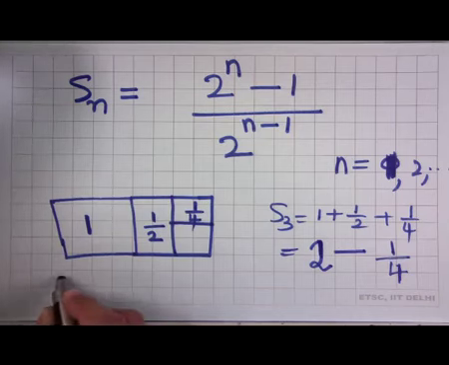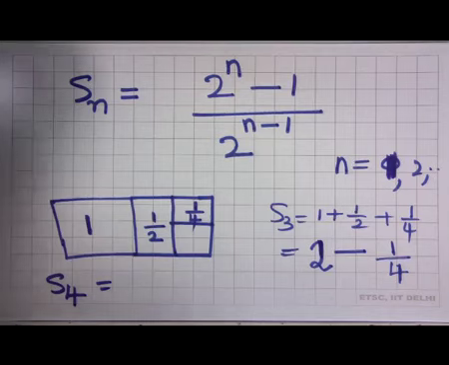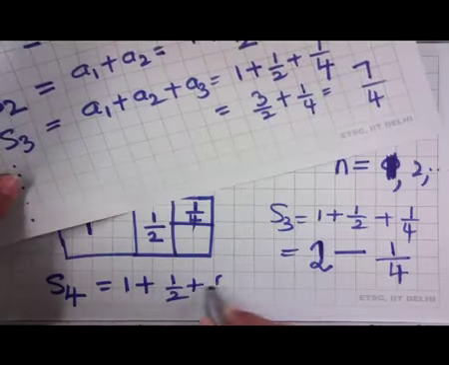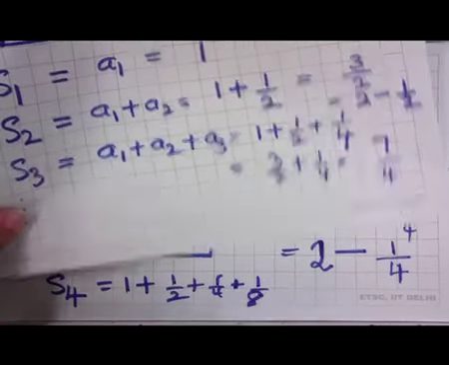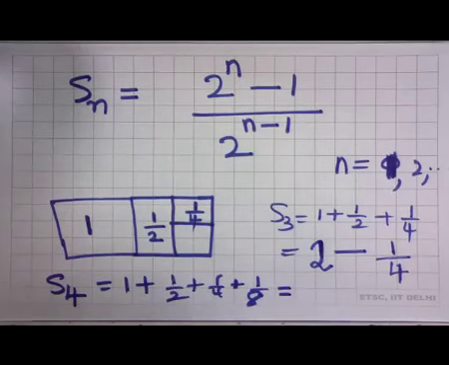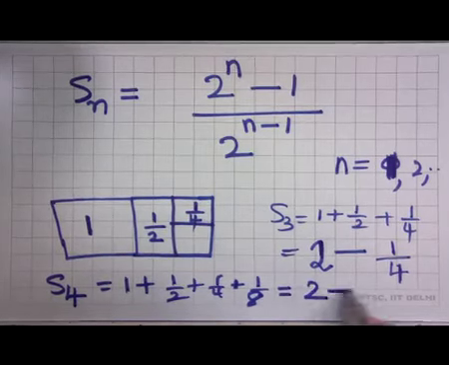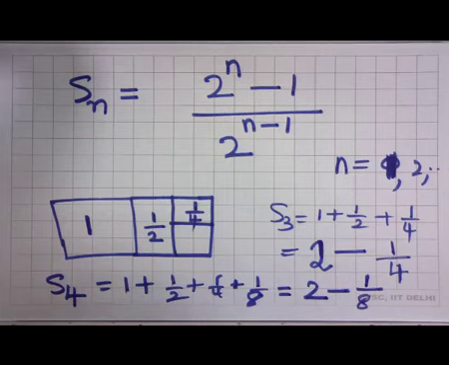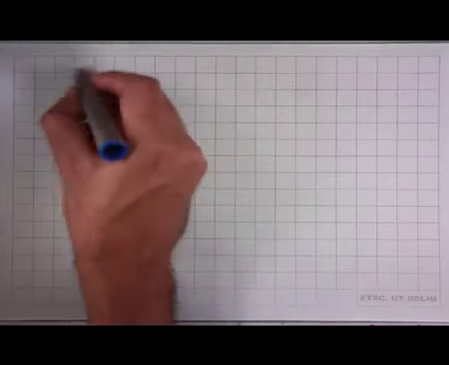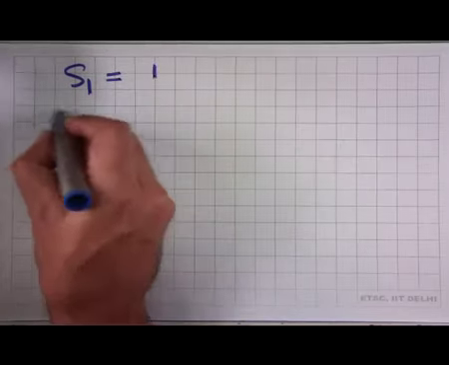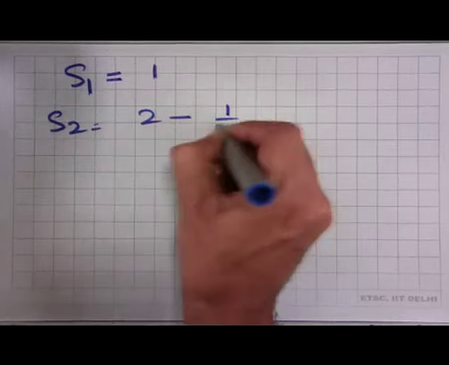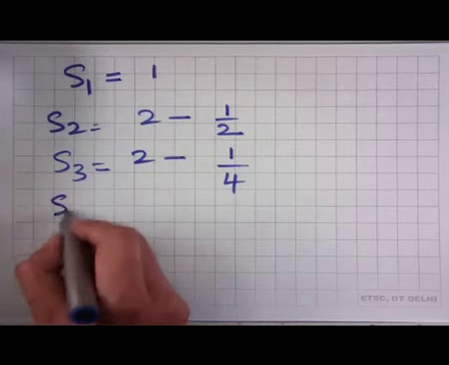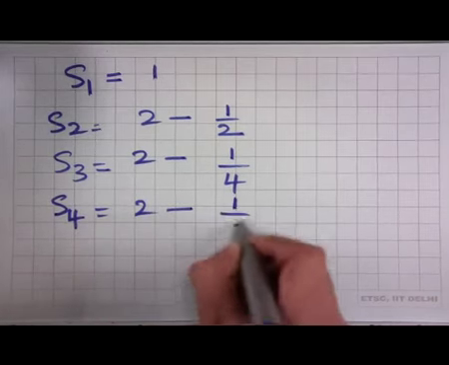Similarly, in S4, you can see that S4 is the sum of 1 plus 1 by 2 plus 1 by 4 plus 1 by 8. That is total area 2 in which 1 by 8 is missing, and so on. Now, you can observe that S1 is 1, S2 is 2 minus half, S3 is 2 minus 1 by 4, S4 is 2 minus 1 by 8 and so on.